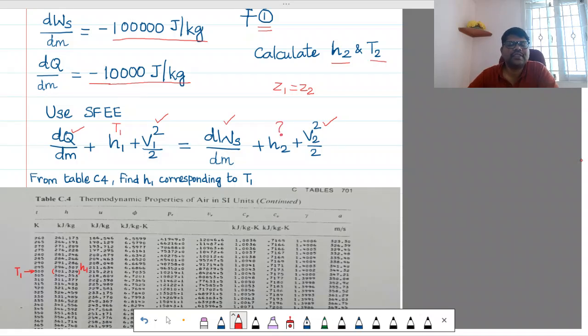Right, so first we shall find out the value of H2 using the steady flow energy equation. Before doing that, we need the value of H1.